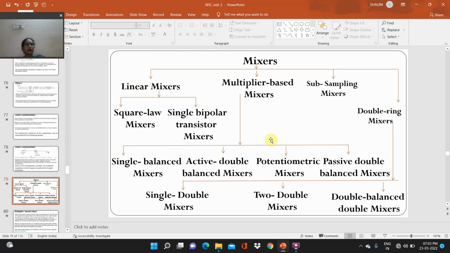Multiplier based mixers are divided into four types: single balanced mixers, active double balanced mixers, potentiometric mixers, and passive double balanced mixers. And then double ring mixers are divided into three types: single double mixer, two double mixers, and double balanced double mixers.